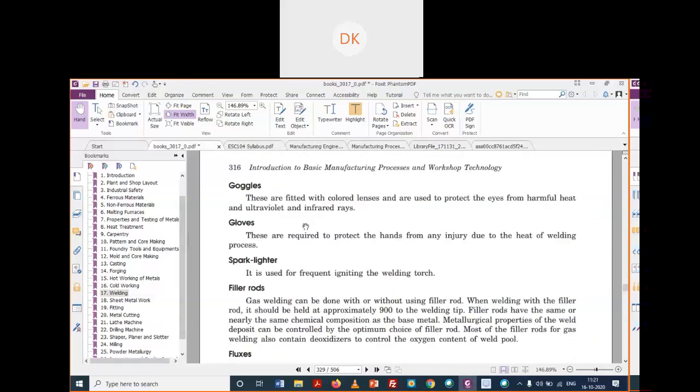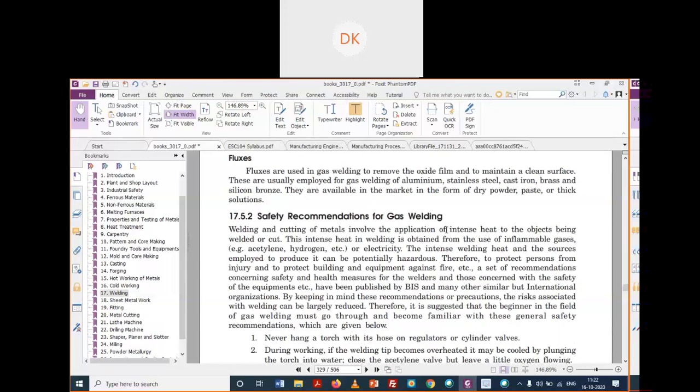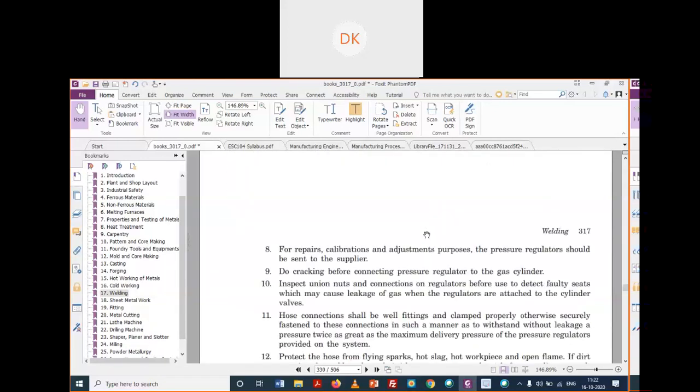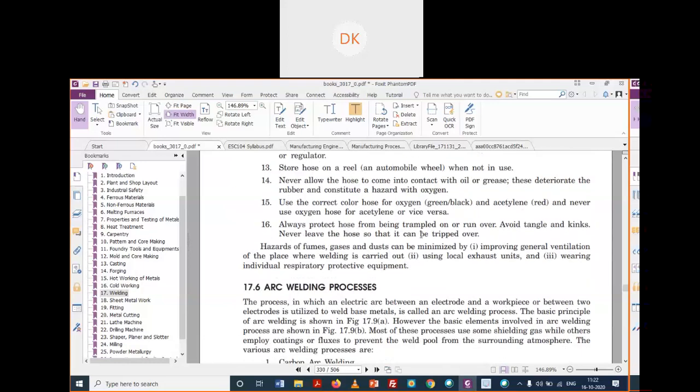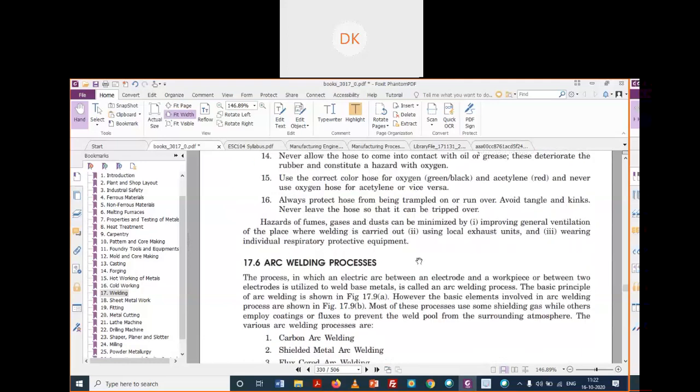Many precautions you have to take while doing these gas welding processes. We have to use goggles and gloves, so there are safety recommendations for the gas welding process. In gas welding, we use gases, air or oxygen and fuel, and from the combination of those we get different kinds of flame.